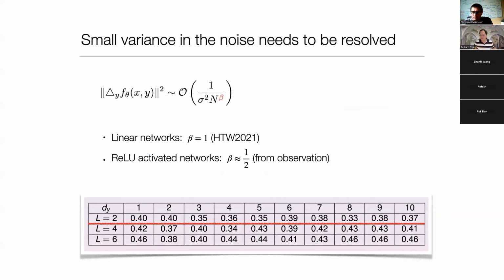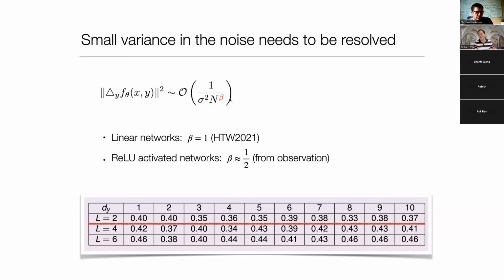Okay, so then we do another study, right? In deep neural networks. So earlier, we can prove that if you have linear networks, okay, the simplest case of a linear network is linear regression, then the way your learned function changes with the perturbation in the normal direction, the y direction, is big O of 1 over sigma squared times n to the beta. For a linear network, beta equals 1.